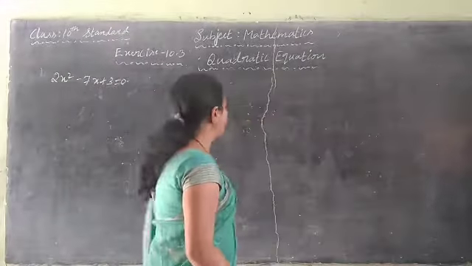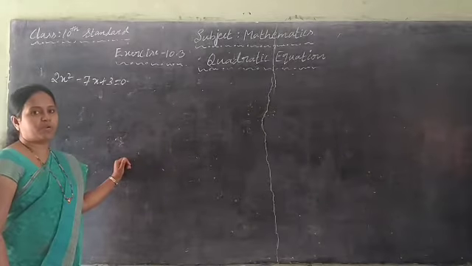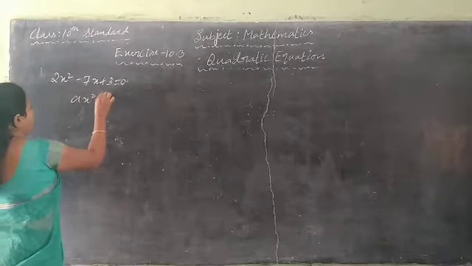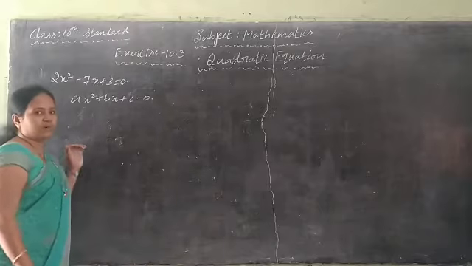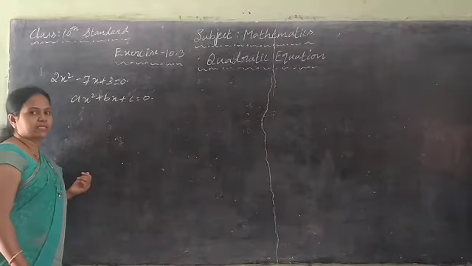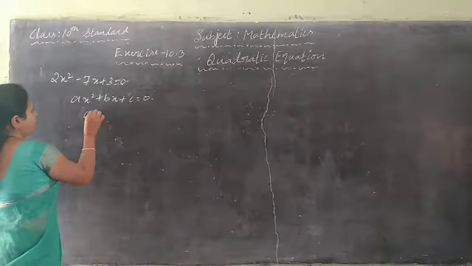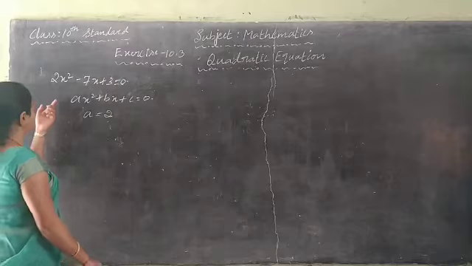Right. See, first what we are doing is comparing this to the general form of a quadratic equation, children. That is ax square plus bx plus c is equal to 0. What is the value of a, children, here? 2. The value of a is 2.